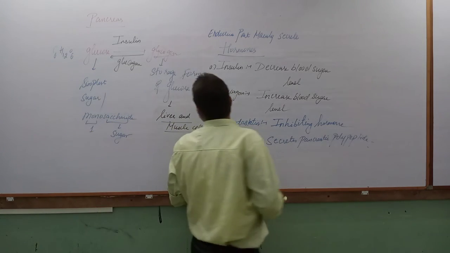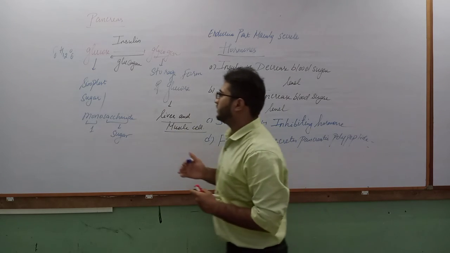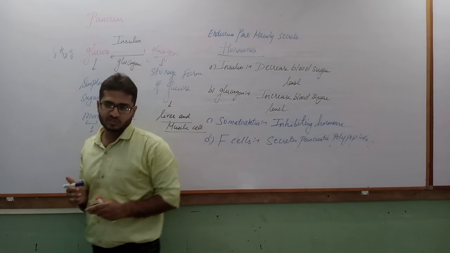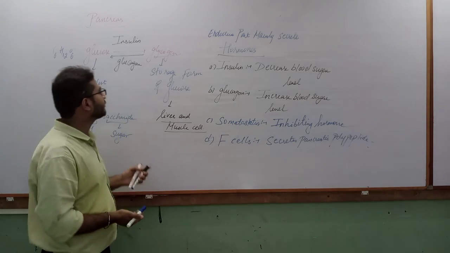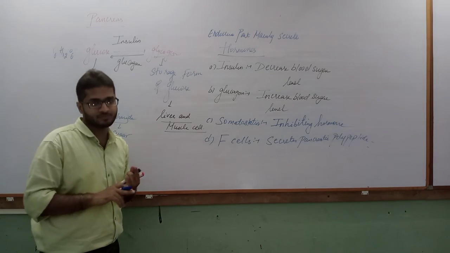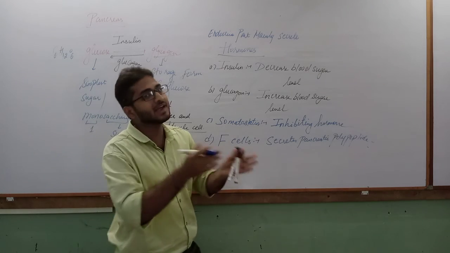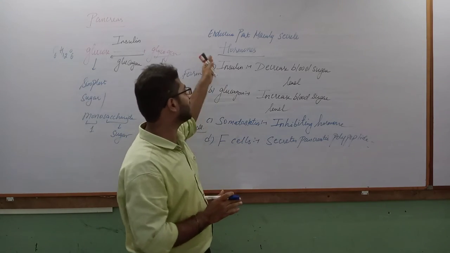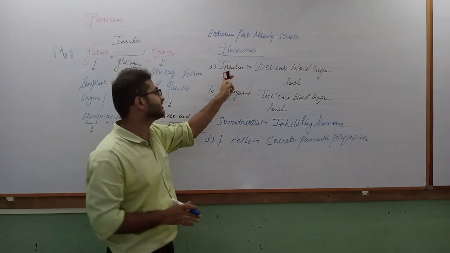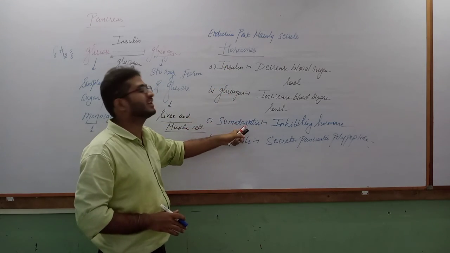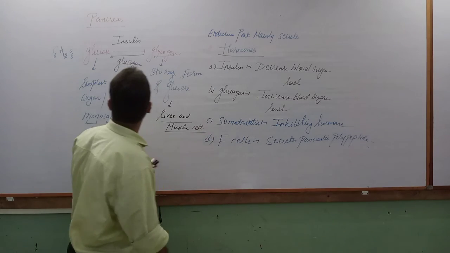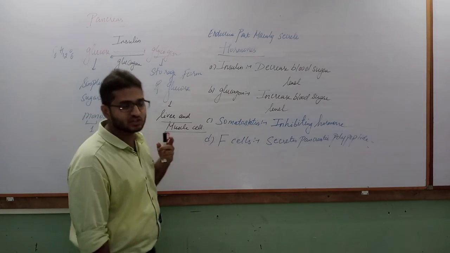Okay. So this is all about the important gland associated with the digestive system, the pancreas. What we discussed: the exocrine part and the endocrine part. Clear? The endocrine part is very important because it secretes the main hormones, insulin, glucagon as well as somatostatin, while the exocrine part will secrete pancreatic juice.